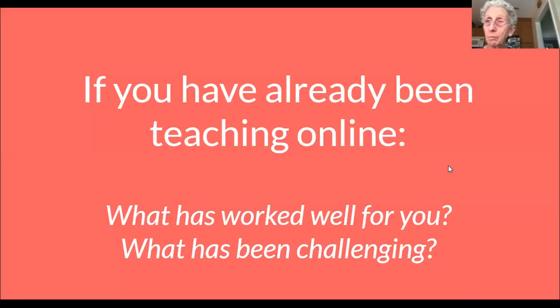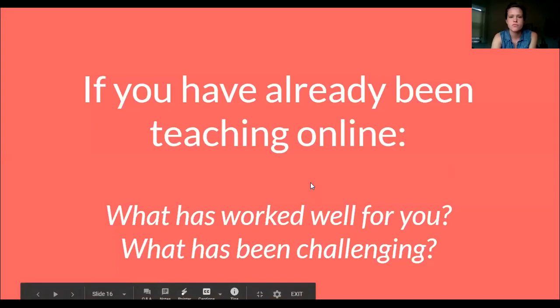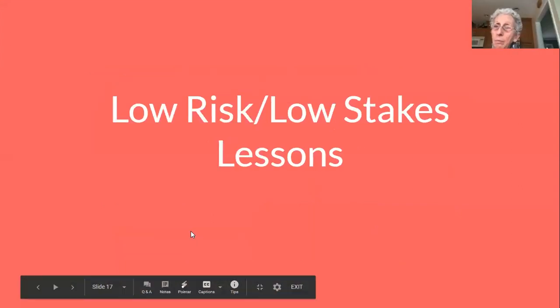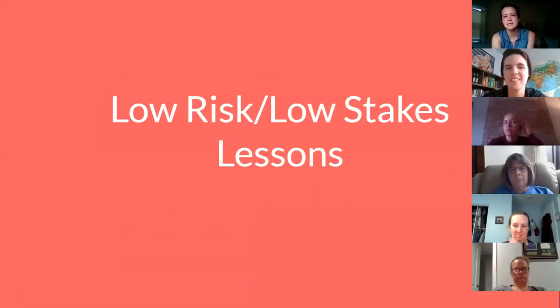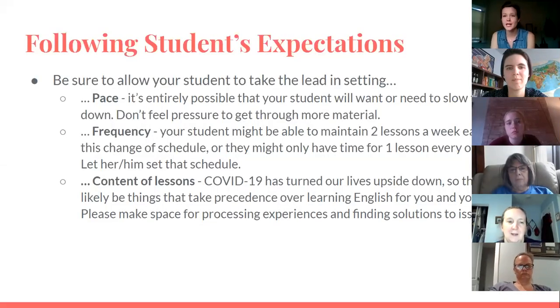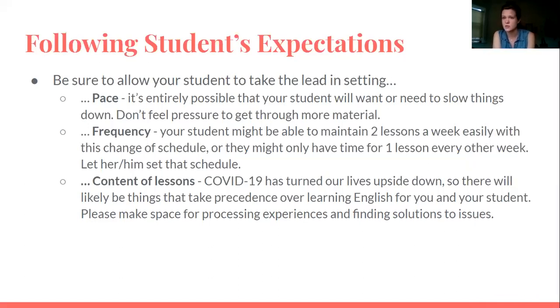Okay, so the next part here is about creating those low risk and low stakes lessons. We already do this as a program, and I think it's what makes our program so effective and so cool, is that we really try to follow the lead of our students as they take ownership of their own learning. In that way, we want to let our student lead the way in terms of these three things especially.